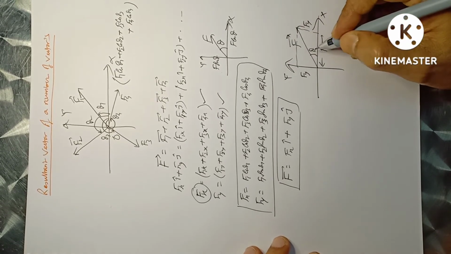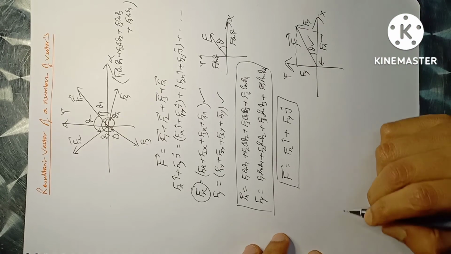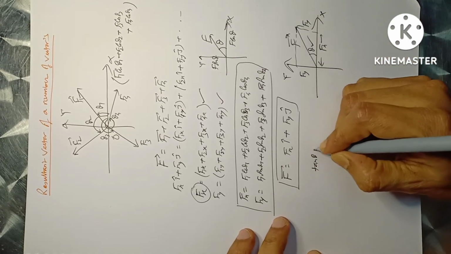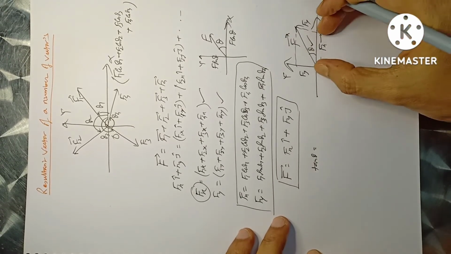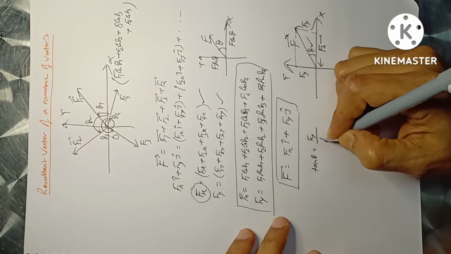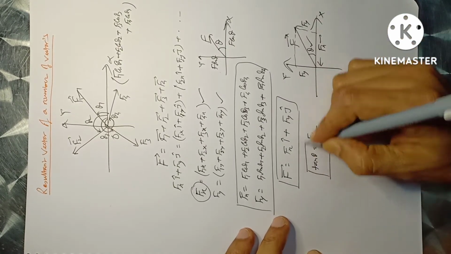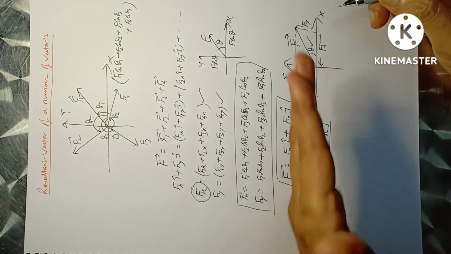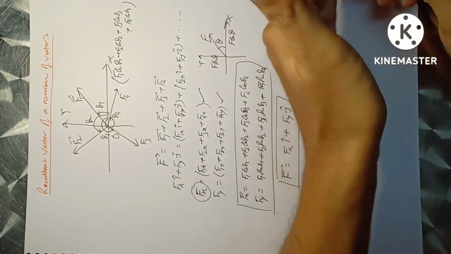Then we can find the angle theta by tan theta equal to perpendicular divided by base, fy divided by fx. By this equation you can find the direction of the resultant vector with respect to the x-axis.